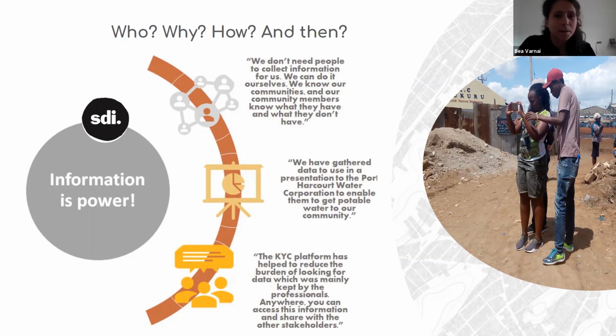So what SDI would say is that slum dwellers are people that live in those neighborhoods, and you heard it also from Sayouba in his presentation. They can collect data for themselves because they are the ones who know their neighborhoods the most. They can also use that data very concretely for advocacy work or for any objective that they want to achieve with it.